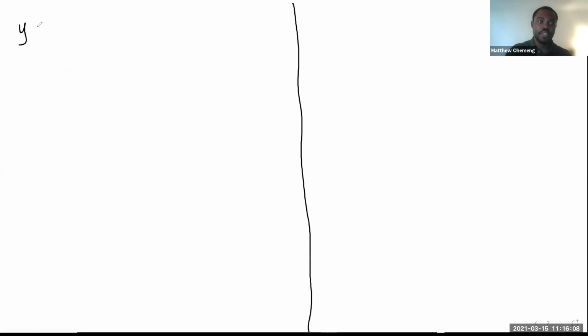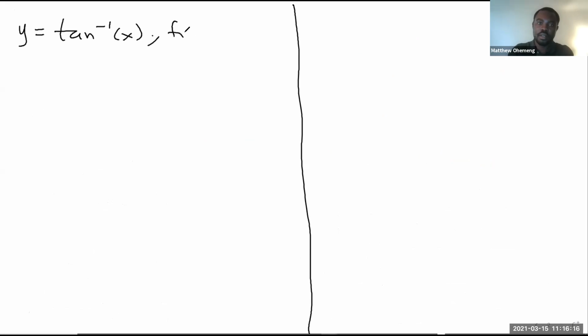So now let's look at another inverse trig function. Let's check out tan inverse of x. What's the derivative of tan inverse of x? For this one, you proceed in a similar manner.